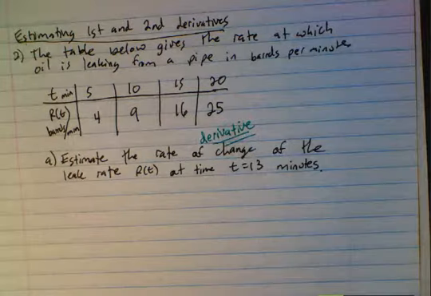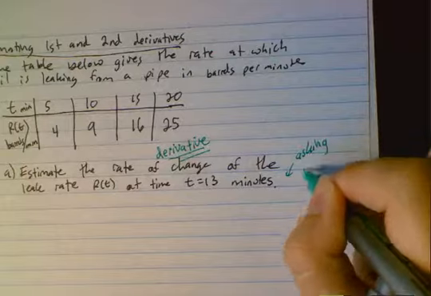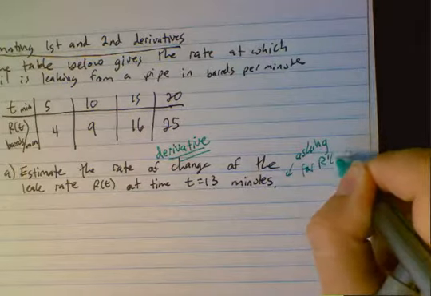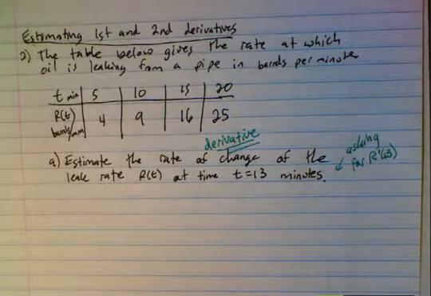So what it's asking us to find is R prime of 13. It's asking us to find the derivative of R when t equals 13.